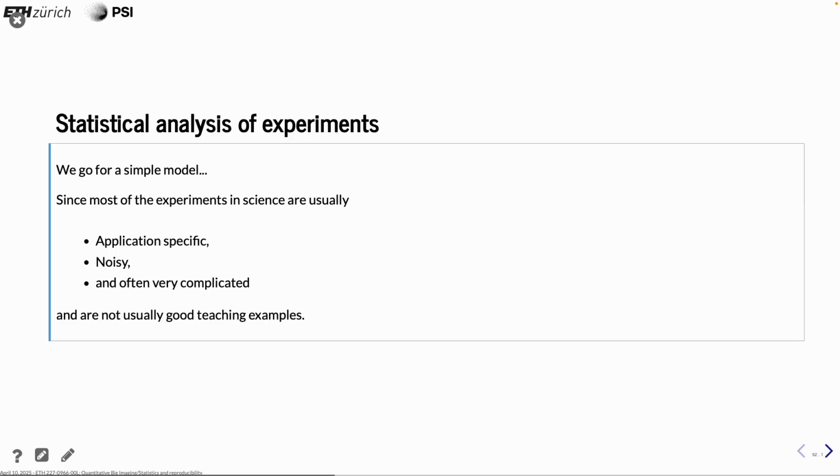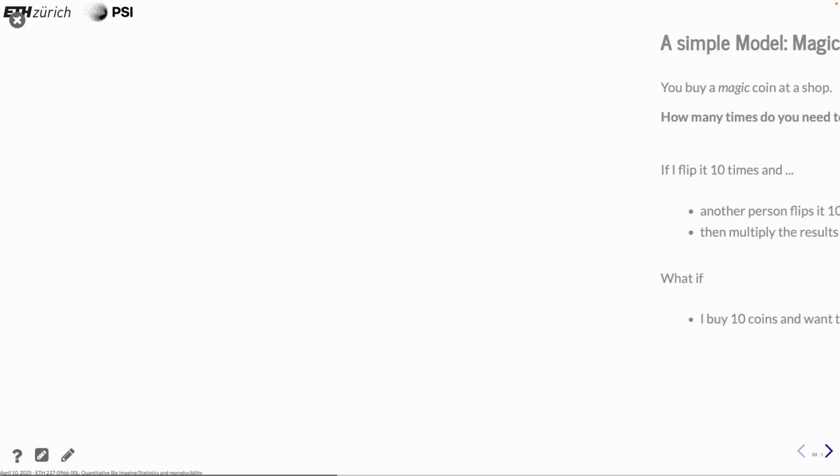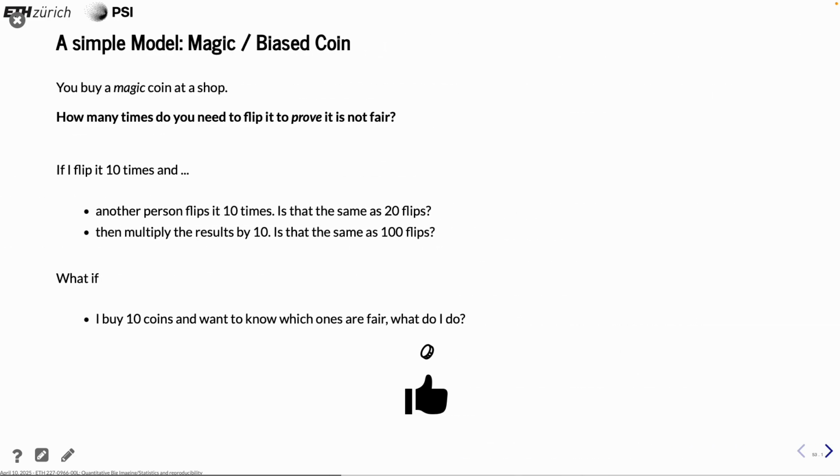Because many of the experiments are quite complicated, with big questions and a lot of complicated combinations of data, we go for a very simple example, and that is tossing a coin, which probably most statistics classes are doing. And so we have this coin, and we want to know if it's fair or not fair.